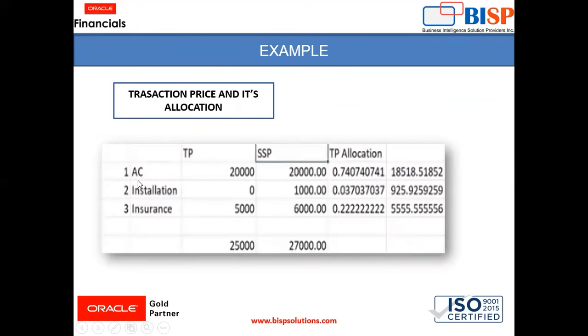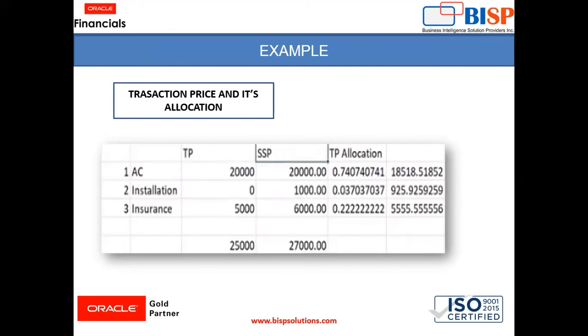Like here, AC 20,000, installation 1,000, insurance 6,000, total amounting to 27,000. But for example, say the company is giving installation free for promotion. So what is the transaction price now? AC 20,000, installation nil, insurance 5,000, amounting to 25,000 in total.